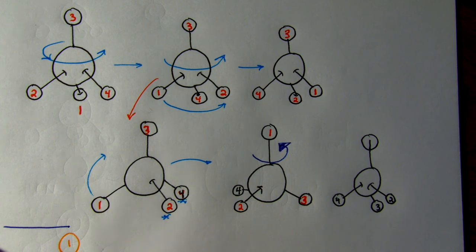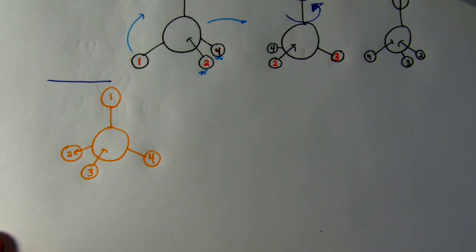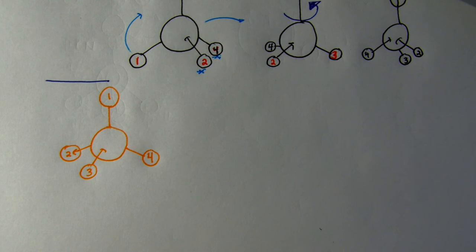And then 1 and 4 are actually in the same plane. All right? I don't think we need to do this, but we can talk about how if you rotate... Oh, I'm sorry. You didn't see any of that. Yep, take time to do that.